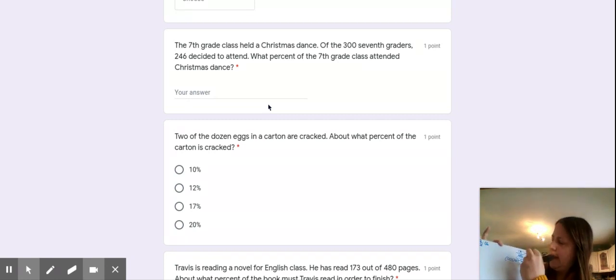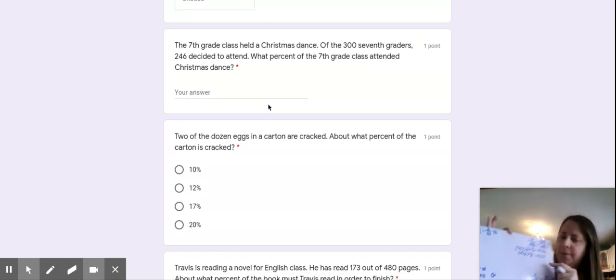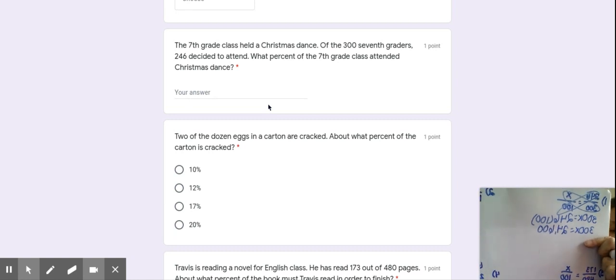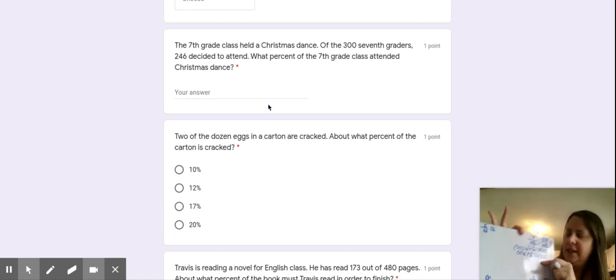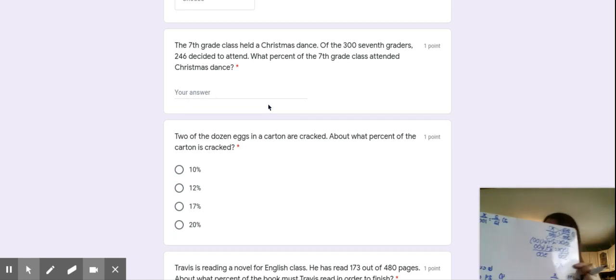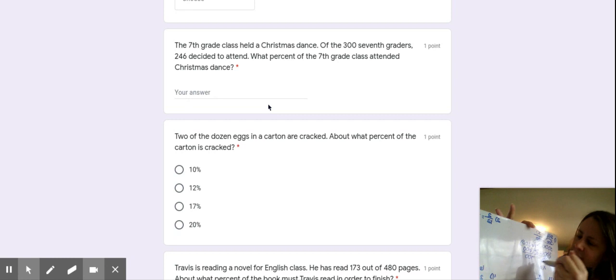When I do that, I get 24,600. We have been solving equations enough this year that you should know that next you need to divide both sides by that 300. When you do that, you are going to get x equals 82.